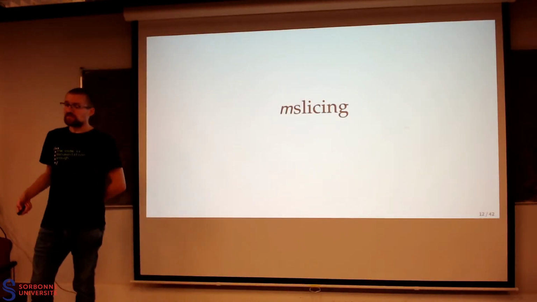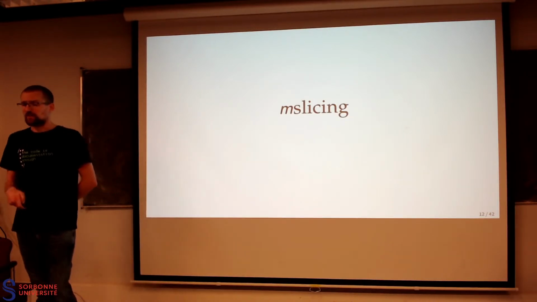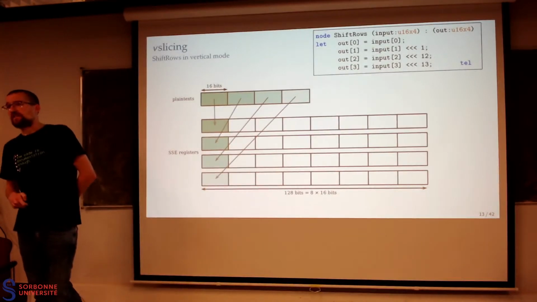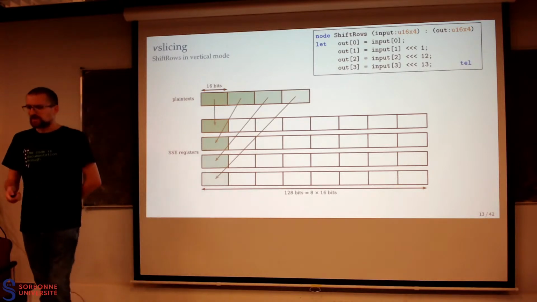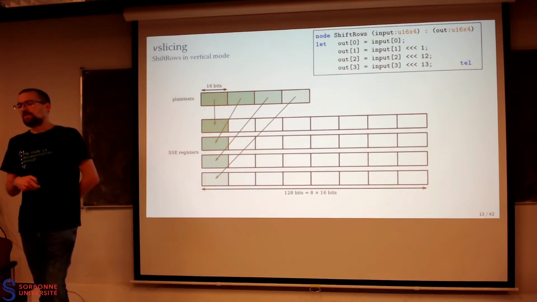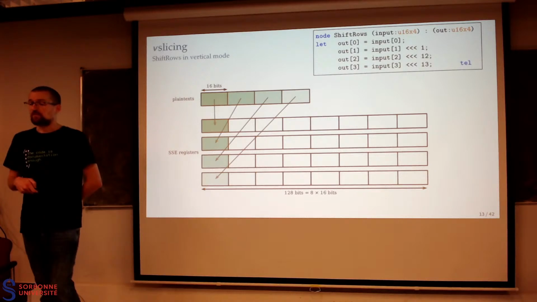To overcome this, there is a generalization of bitslicing called M-slicing, which we incorporated into Usuba, and which is declined into 2 slicing types, vertical slicing and horizontal slicing. I'm going to start by introducing vertical slicing on the example of shift rows from Rectangle.